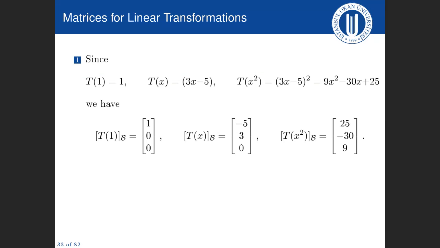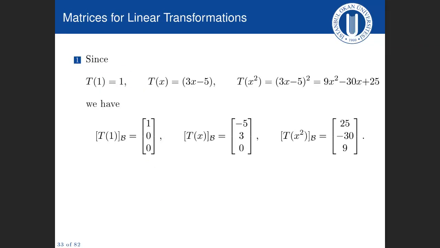First, we need to see what T does to the basis vectors. T of 1 is 1. If we take x and we replace x by 3x minus 5, we just get 3x minus 5. If we take x squared and we replace x by 3x minus 5, multiply it out, we get 9x squared minus 30x plus 25. So the coordinates of T of V1, well, that's 1 times 1 plus 0 times x plus 0 times x squared, so 1, 0, 0.